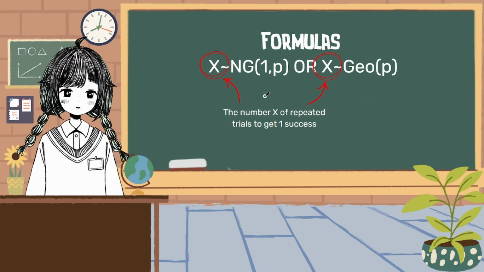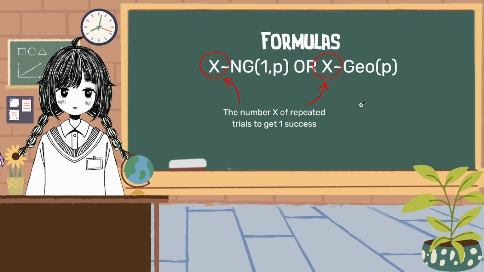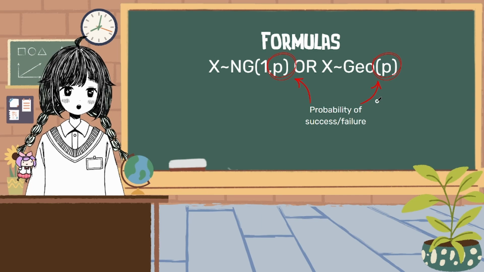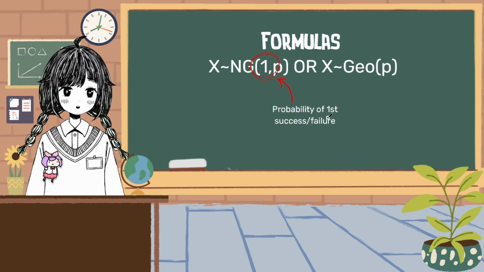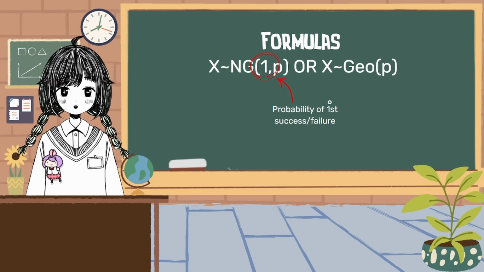X represents the number of repeated trials to get one success. P is the probability of success. And here on negative binomial, 1 represents the number of successes. So not too hard to understand, yeah?